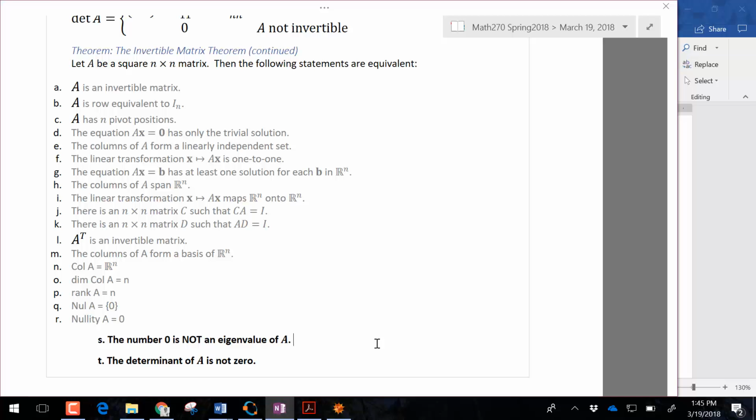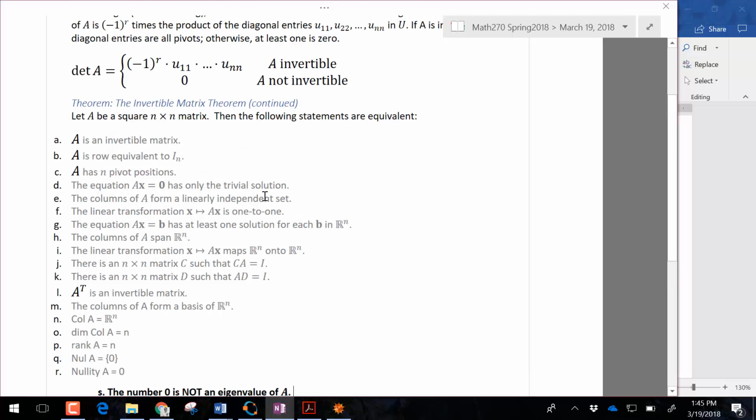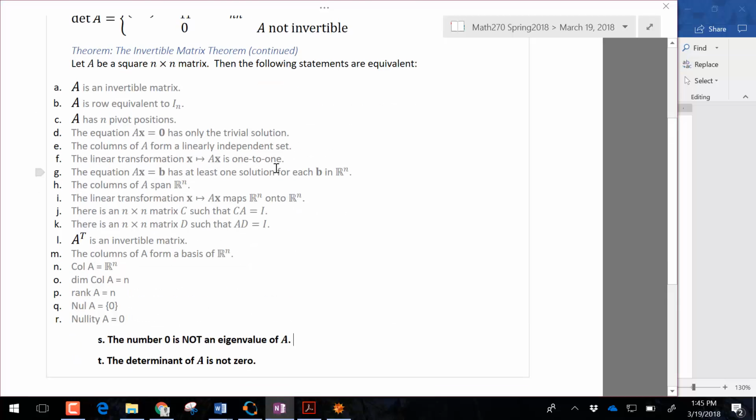So as you're doing these computations, it is possible to get 0 as an eigenvalue, which means your matrix is not invertible. Okay. So I just wanted to show you this complete theorem. You just have to write S and T here, and it's a continuation from the invertible matrix theorem.